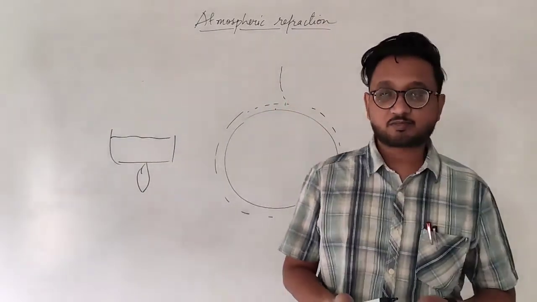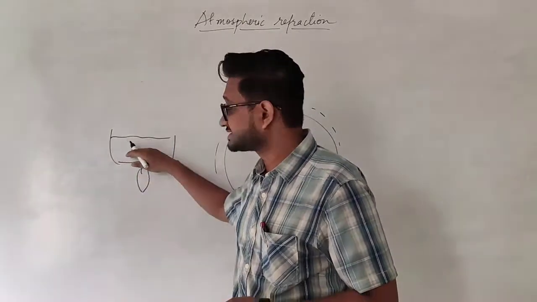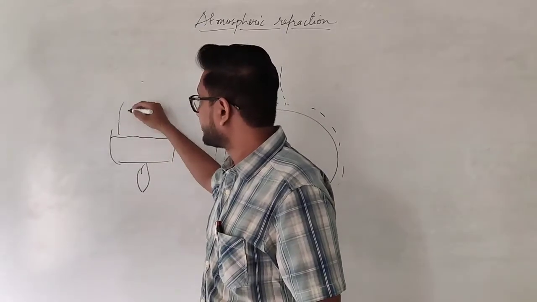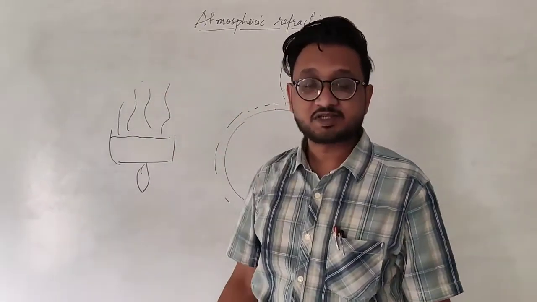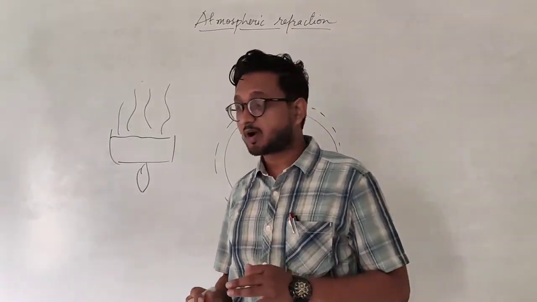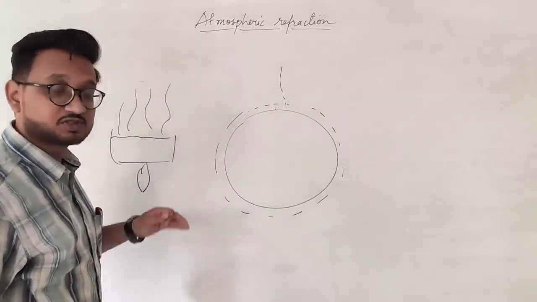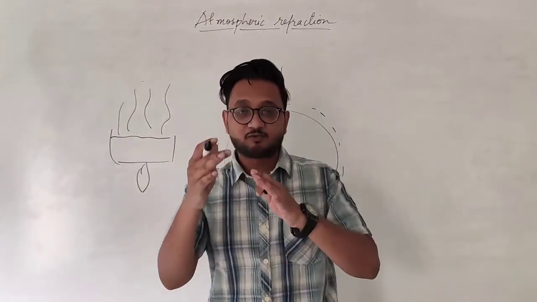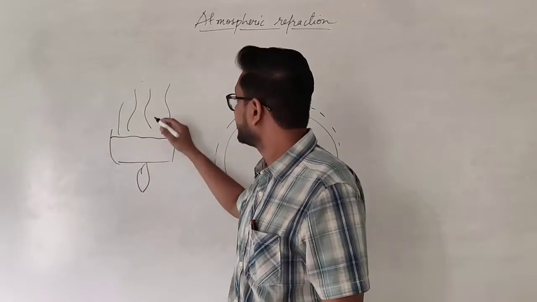After a certain amount of time, when a lot of heat energy has been supplied or it is up to a certain temperature, you see steam coming out from this water. But the most important part is, when you try to see through this steam, you will see that the background is wavering.